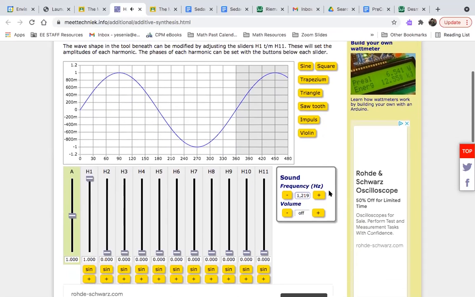But basically what you can do, if it doesn't sound like a good match, you're gonna play around with the harmonics over here. Take a look at how we can do that. So I'm just playing with the harmonics. Or you could also click.